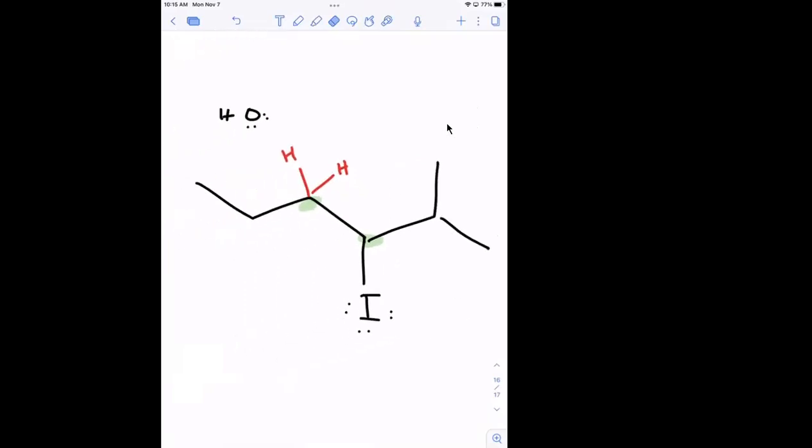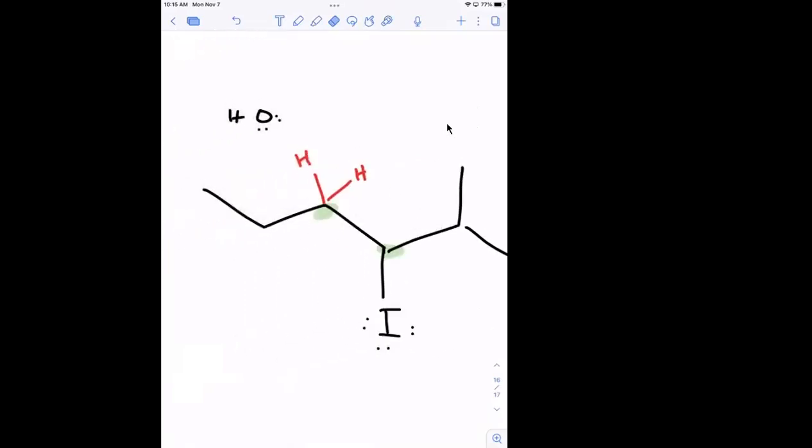And we're going to replace those bonds with dotted lines, just like we've done before.